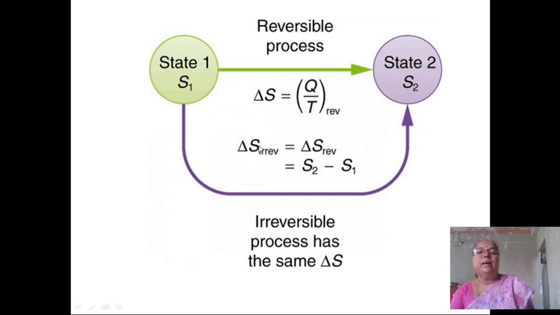The change in entropy is given by S2 minus S1, where S2 is the entropy of state 2 and S1 is the entropy of state 1. And remember that if the entropies of the initial state and final state are the same, therefore the change in entropy is 0.